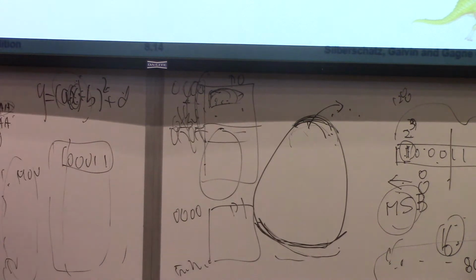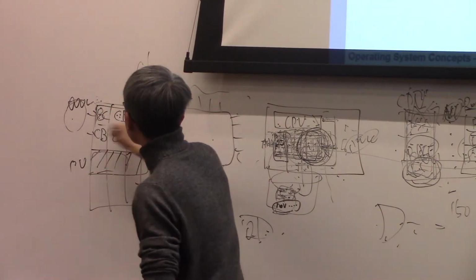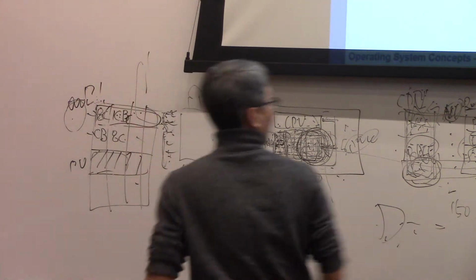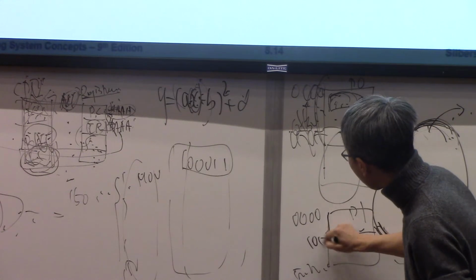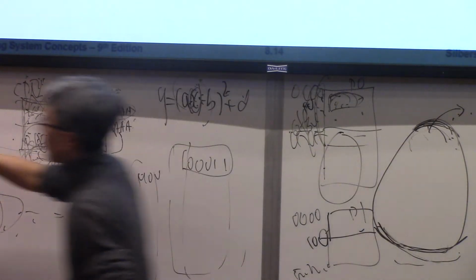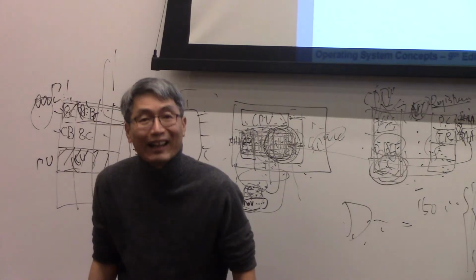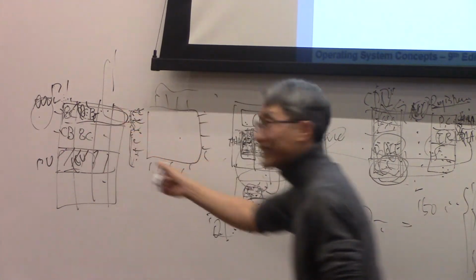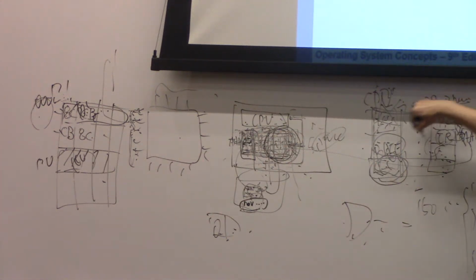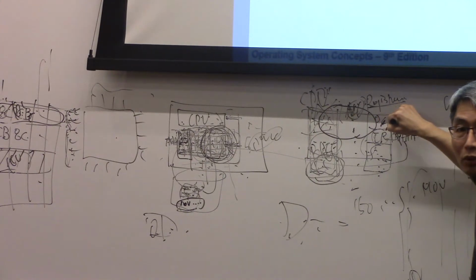Process 0, we don't know where it goes. For example, this is process 0, and process 1 can be here. So even though it has the same logical address, like 100, 100, this 100 and this 100 are different physical addresses, right? So we need to know exactly where, because the CPU uses only the physical address in their program counter.